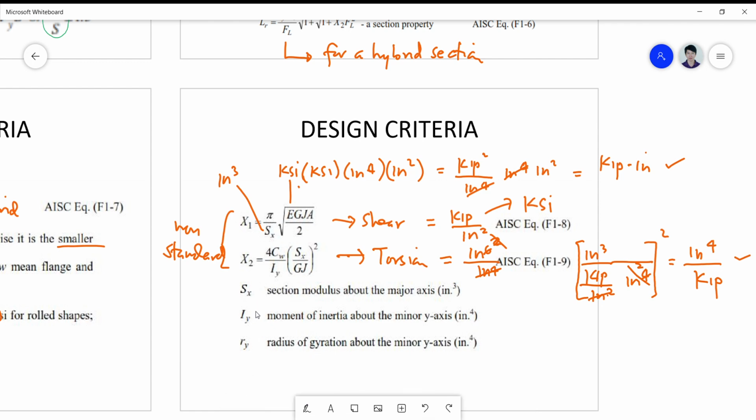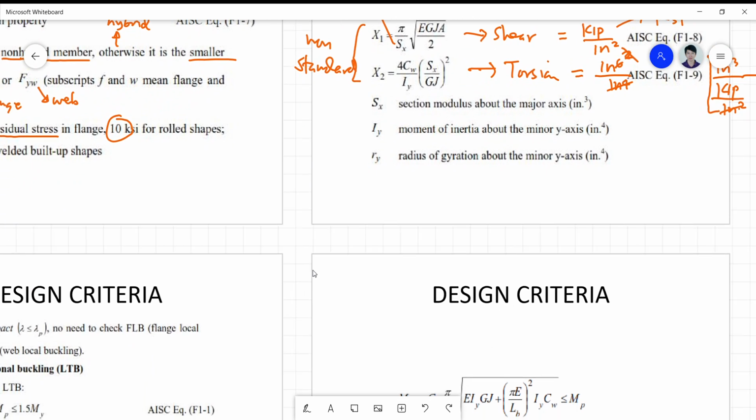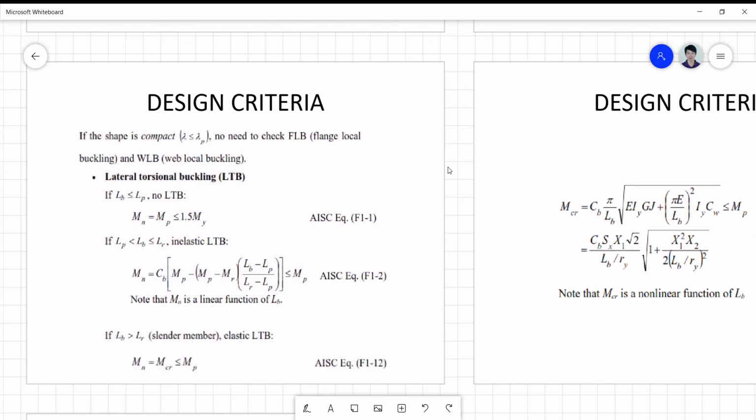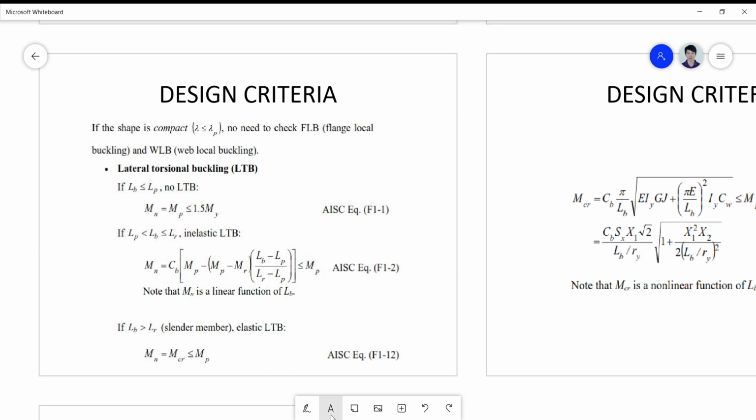So notice this Sx, Iy, and Ry are simply the same parameters we use in the laterally supported procedure. So for the choice of the formula, if the shape is compact, meaning to say that lambda is less than or equal to lambda p, we don't need to check for the flange local buckling and web local buckling.